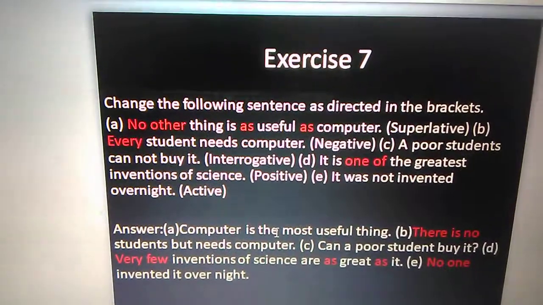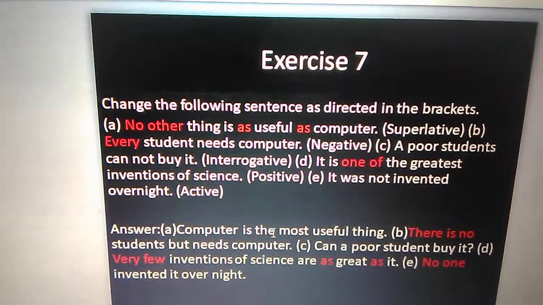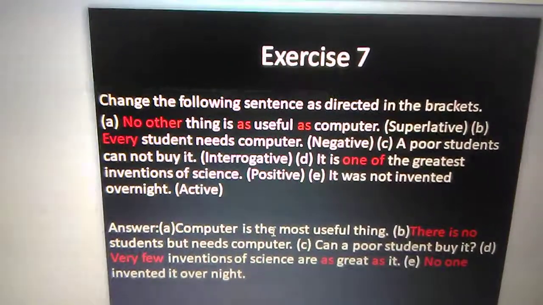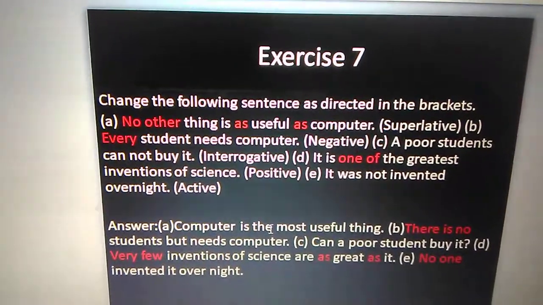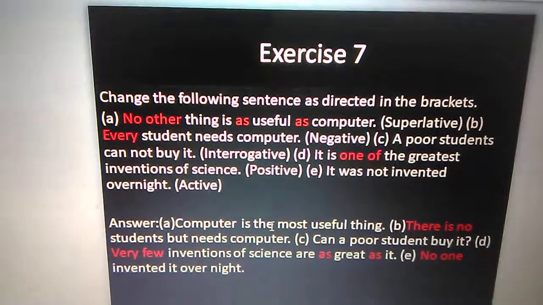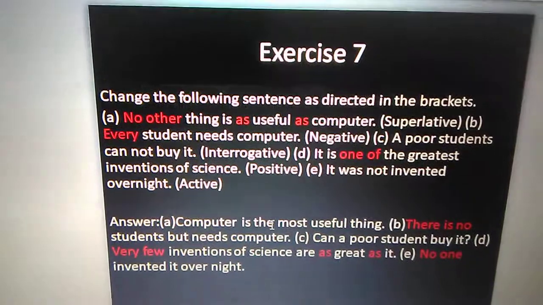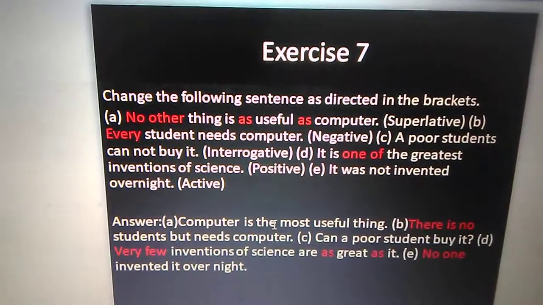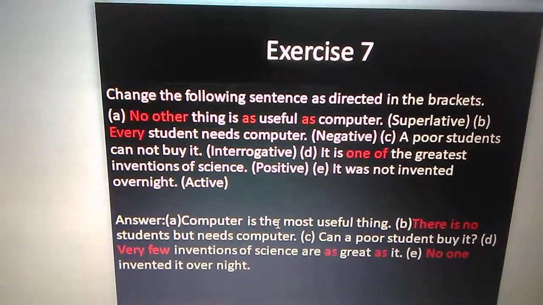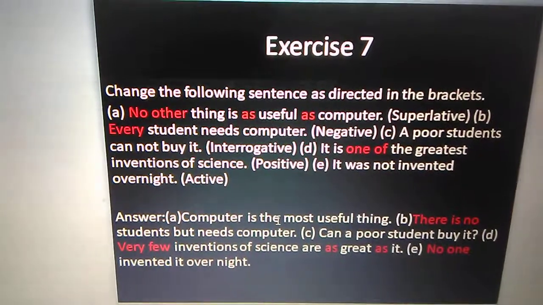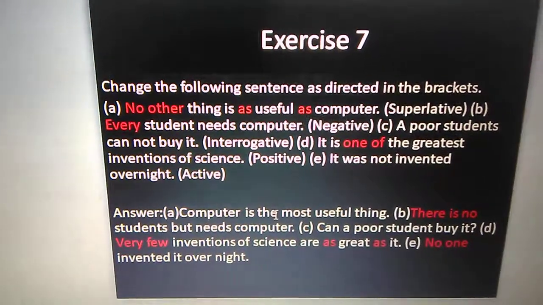So a poor student cannot buy it. This is a negative sentence. So we have to make it affirmative interrogative. Can a poor student buy it? Then there will be the sign of interrogation. Sometimes you forget to give the sign of interrogation.